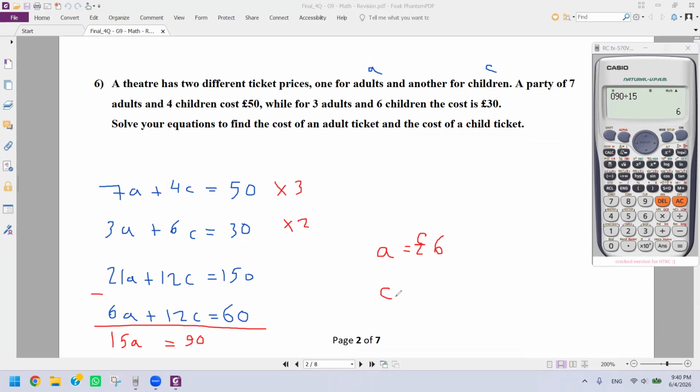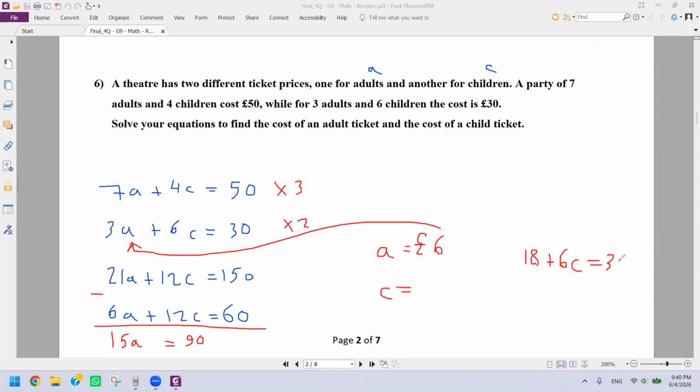And for children, we substitute 6 in one of the equations. Let me substitute in the second equation maybe. So 3 times 6, 18. So I got 18 plus 6c equals 30.